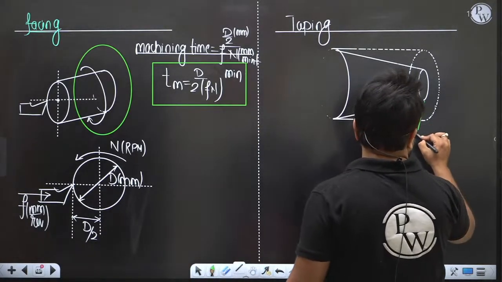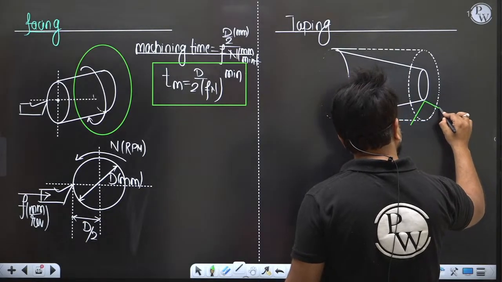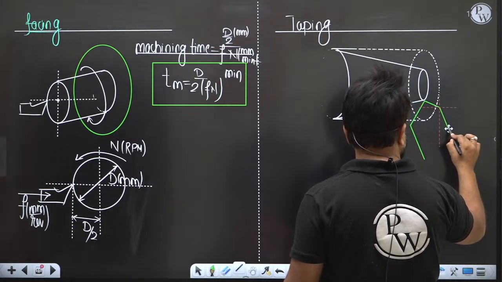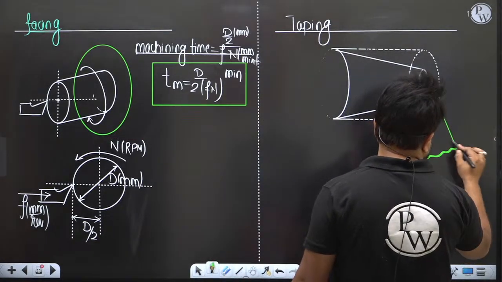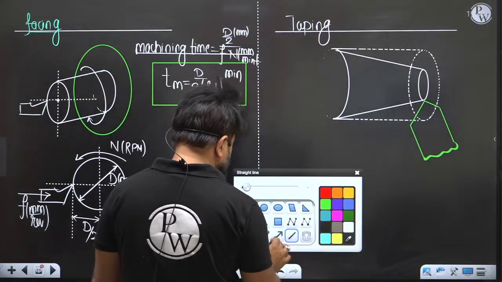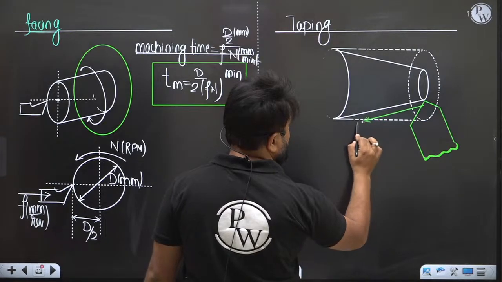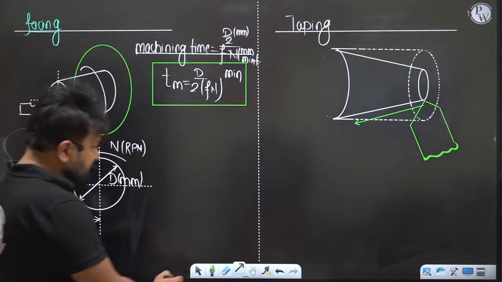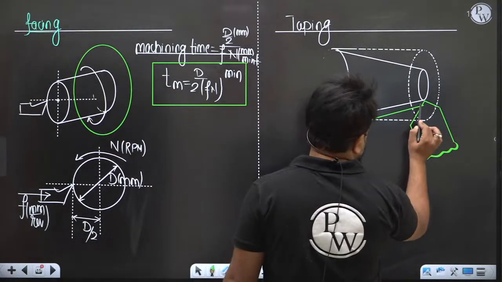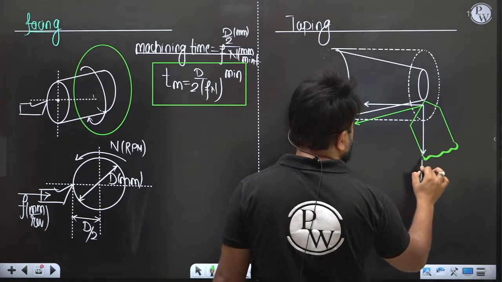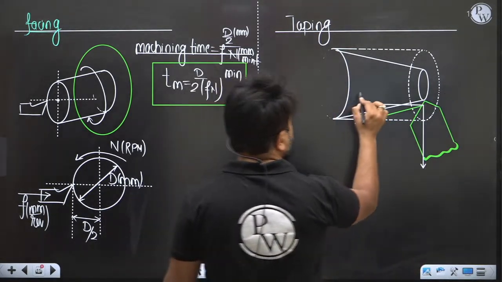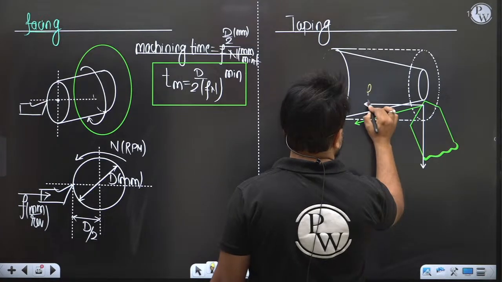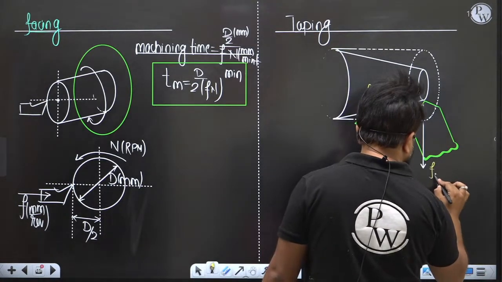And that taper surface is going to be produced here. There will be a tool, and that tool will move in this manner. So you can see that the feed of the tool will be in x direction and in y direction.